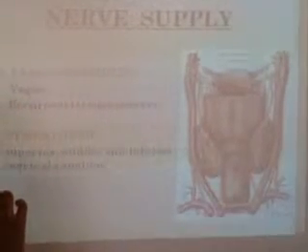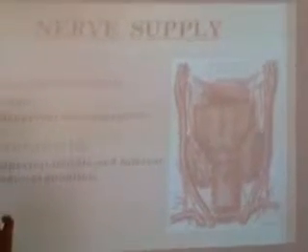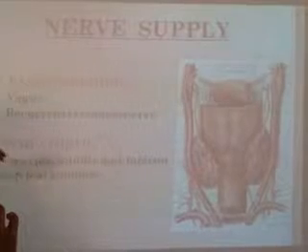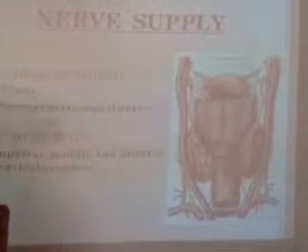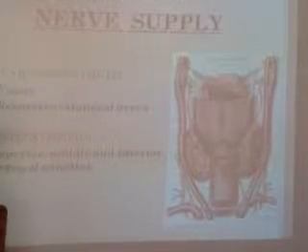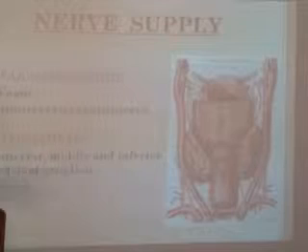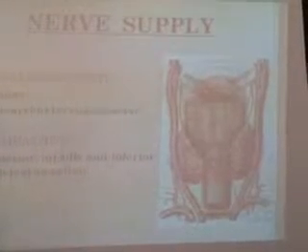On either side there are superior, middle and inferior ganglia. From those ganglia, sympathetic fibers supply the thyroid gland, and parasympathetic is by the vagus nerve and the recurrent laryngeal nerve. This is about the nerve supply of the thyroid gland.